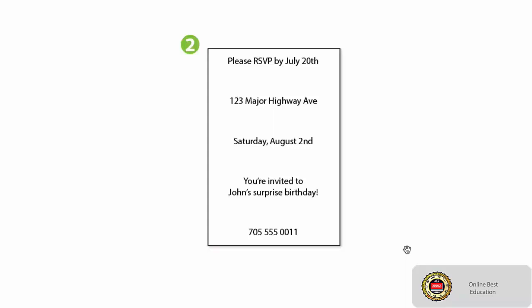So that tips me off that this is some kind of an event or some kind of a party or some kind of a get-together, but it's still making me work way too hard to figure out exactly what this is. I don't find out until down towards the bottom half of this layout that it's a surprise birthday party for someone named John. Okay, so I've had to work way too hard for all of this.